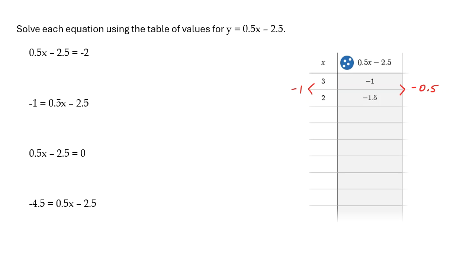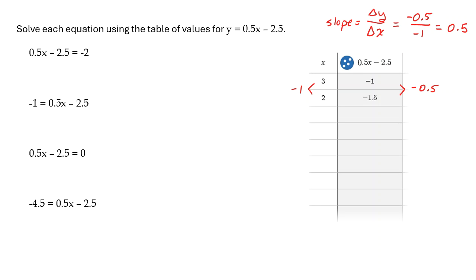Because this is a linear equation, we know that our slope is the change in y. I'm going to use this triangle symbol, delta, to mean the change in y over the change in x. In these first two ordered pairs, the change in y is -0.5, and the change in x went down by 1. And if I divide these, I simply get positive 0.5.